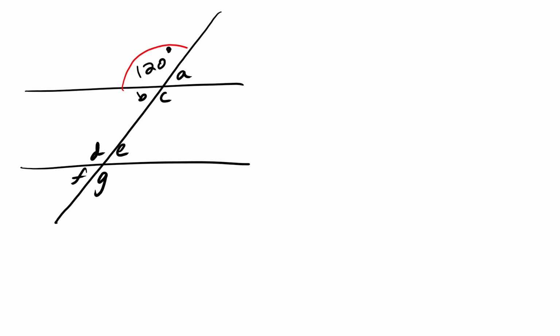So if this is 120, we can see letter F, which is corresponding angles. Using corresponding angles, we can then say angle D is equal to 120. So we have 120 here.